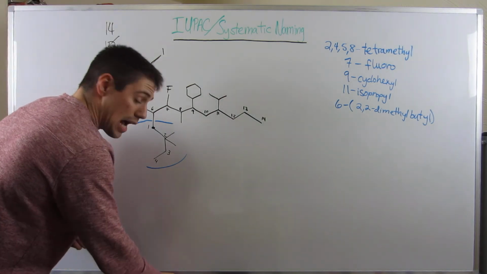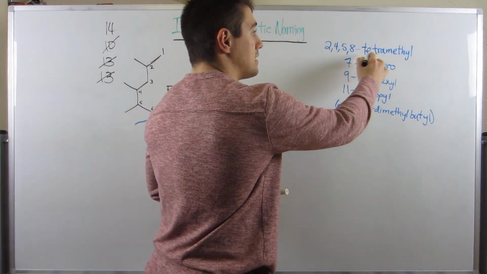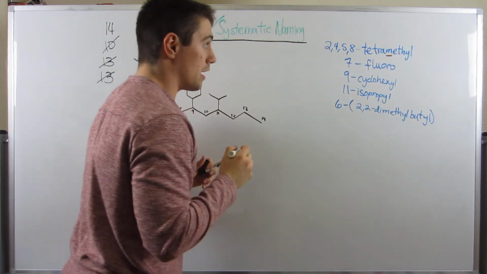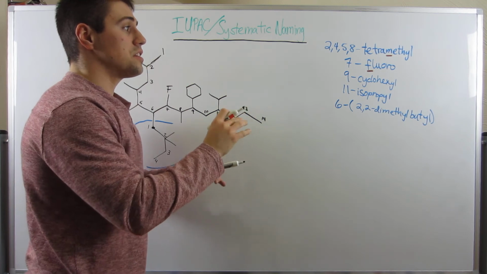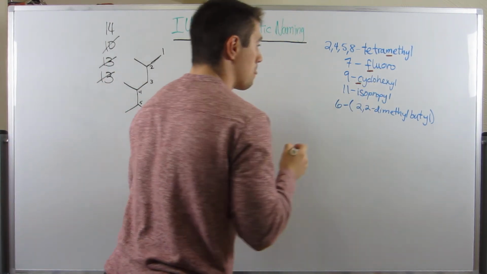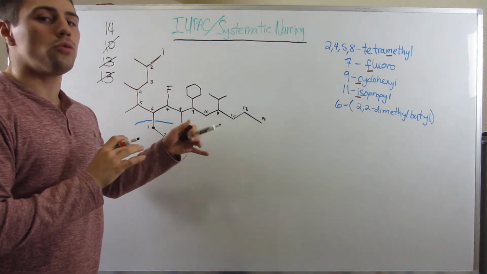Now let's alphabetize. Here we know that tetra does not count, so the M in methyl is what we're underlining. 7, fluoro. 9 is one of those things where iso and cyclo count, so the C counts, the I counts. And parentheses are a little weird.